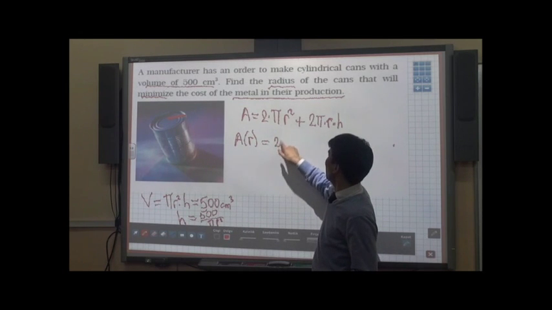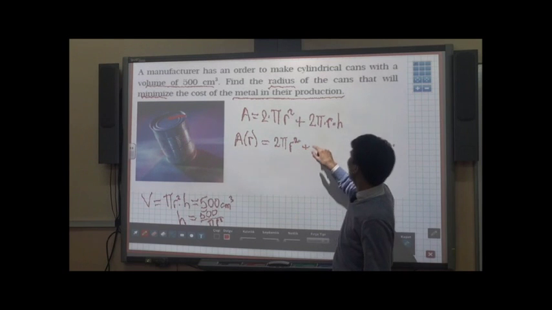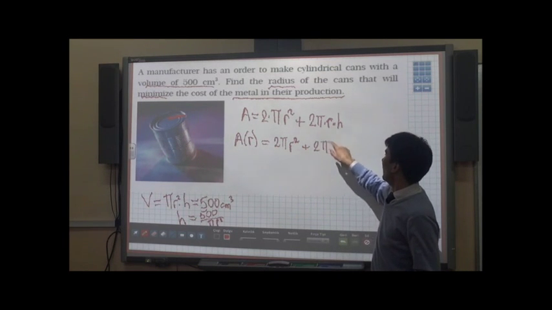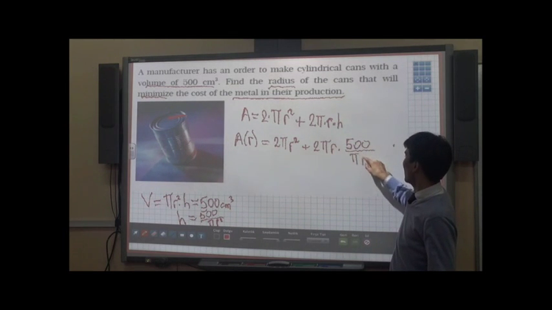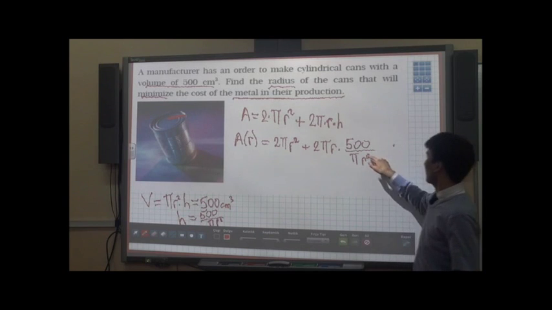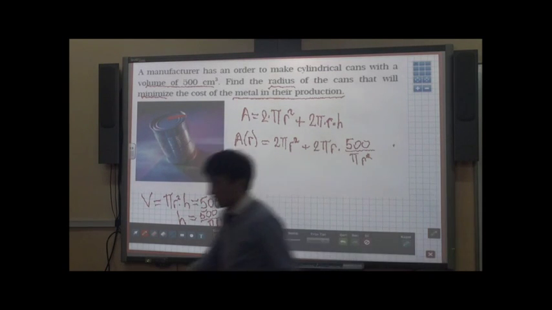Then A is 2 pi r squared plus 2 pi r times 500 over pi r squared.